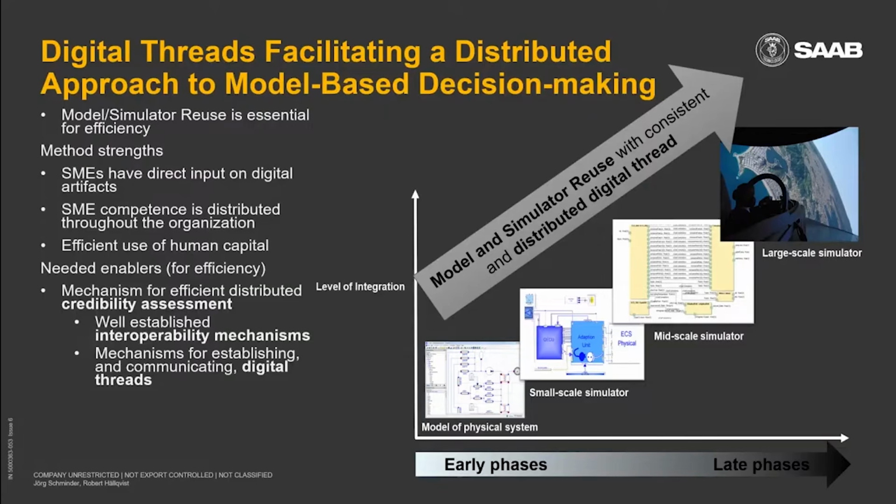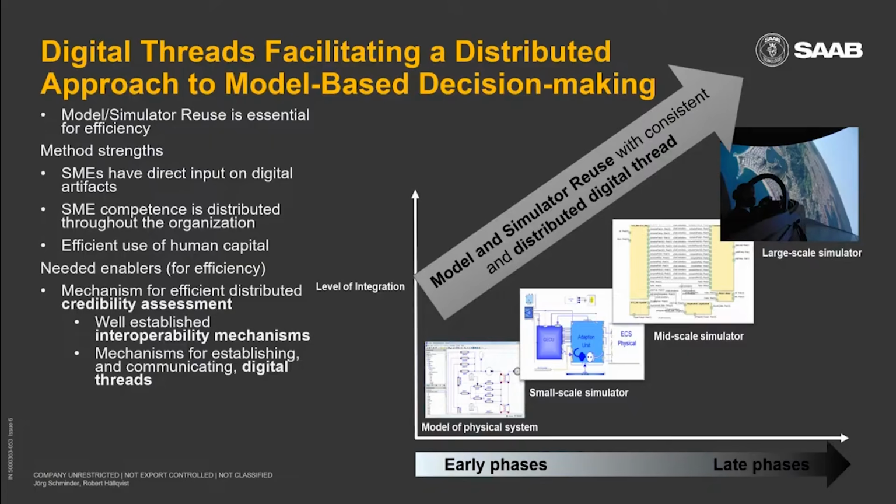So this distributed modeling approach is a prerequisite for this to work. Using this ambition to let the engineers work in the best suited domain-specific tool enables an efficient use of human capital, in the sense that a modeler can switch between development projects without having to learn a new tool. So this is also very important in this approach.